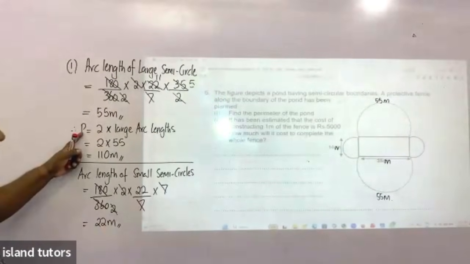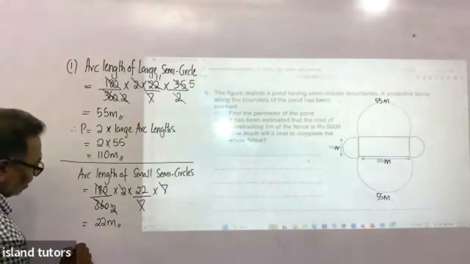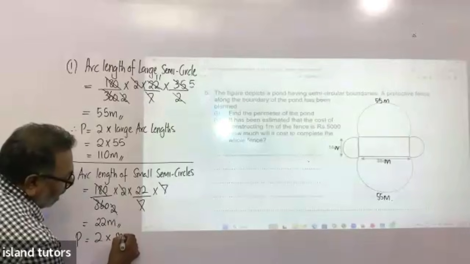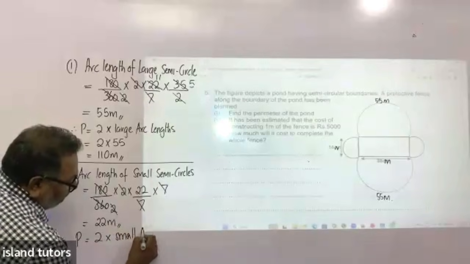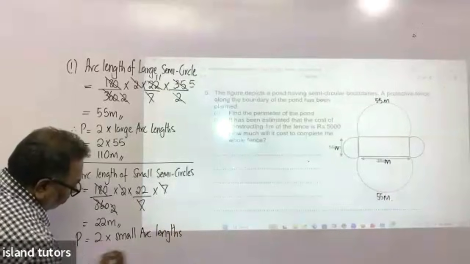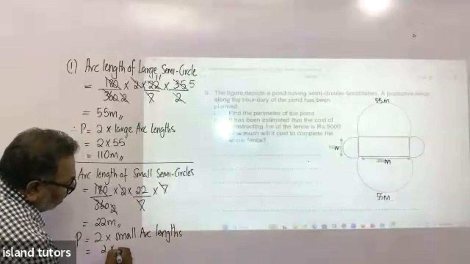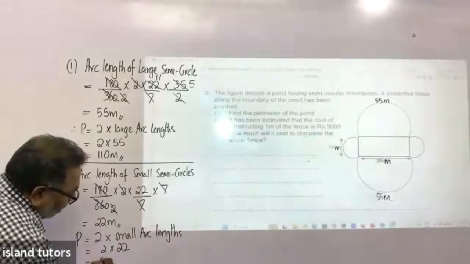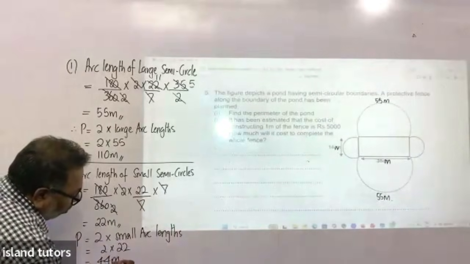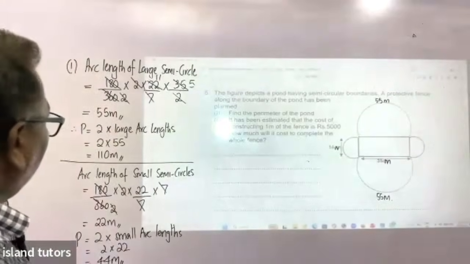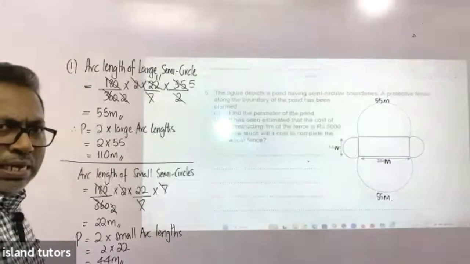So the perimeter of the two small arc lengths is 2 into 22, which is 44 meters.